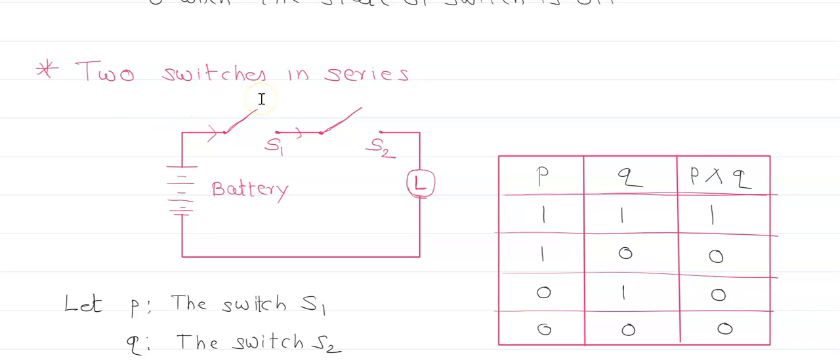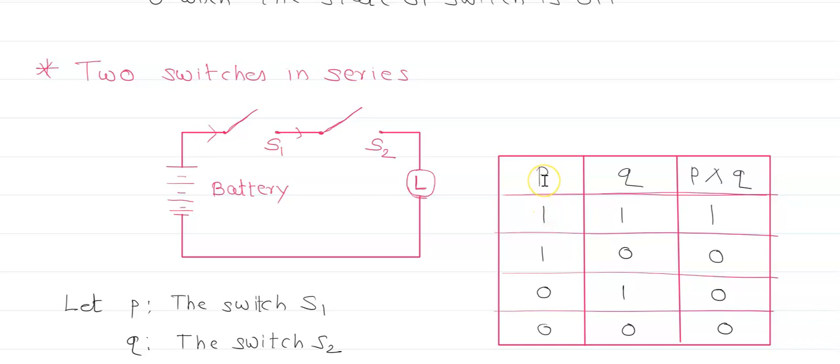Two switches in series, that is S1 and S2. Here is a battery and the lamp. When we connect two switches in series, we apply the connective AND. Here is P and Q. As the switches are in series, that's why we will apply P and Q here.